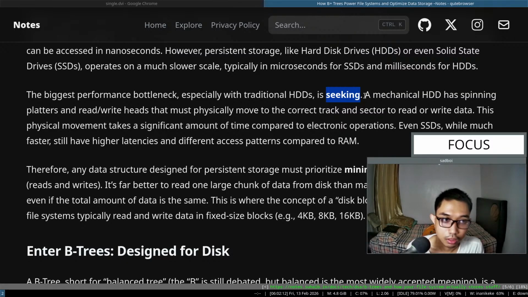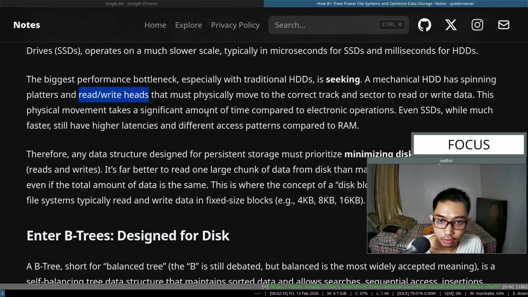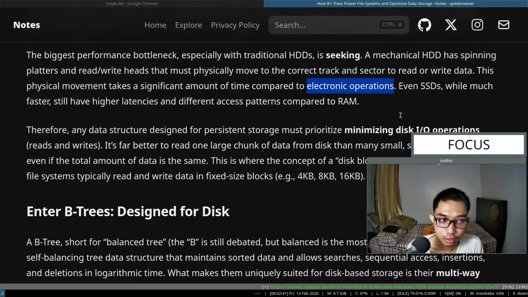A mechanical drive has spinning platters and read or write heads that must physically move to the correct track and sector to read or write data. This physical movement takes a significant amount of time compared to electronic operation. Even SSDs, while much faster, still have higher latency and different access patterns compared to RAM.